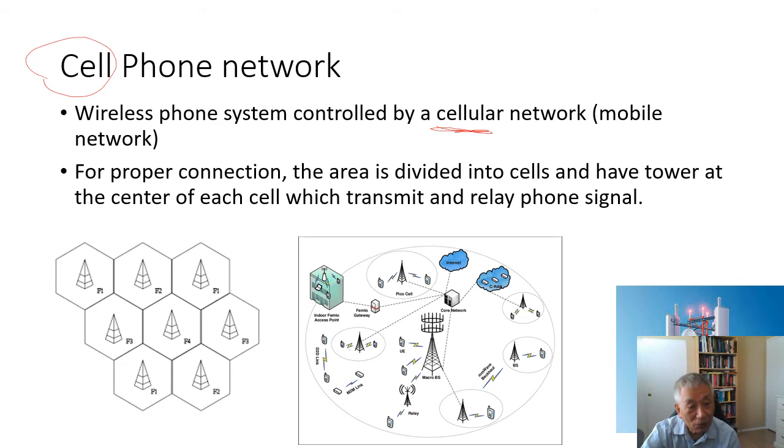So the whole geographic area is subdivided into smaller subunits. This one is called a cell. Doesn't it look like a body cell?